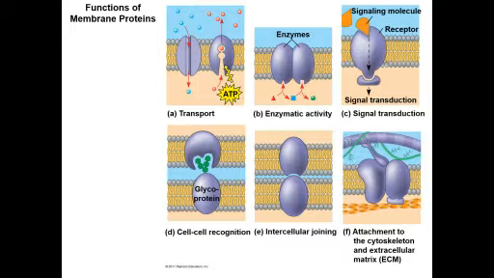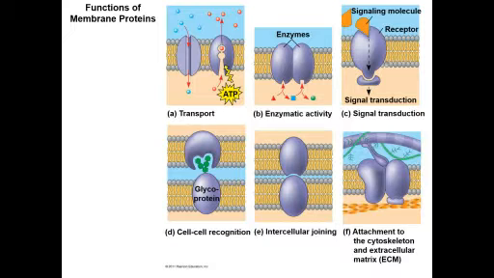All right, so looking at the function of proteins. This is kind of a review from the previous chapter over proteins and their function, so a lot of this is going to be the same. Proteins are used for transport, which we'll talk about in a little bit.